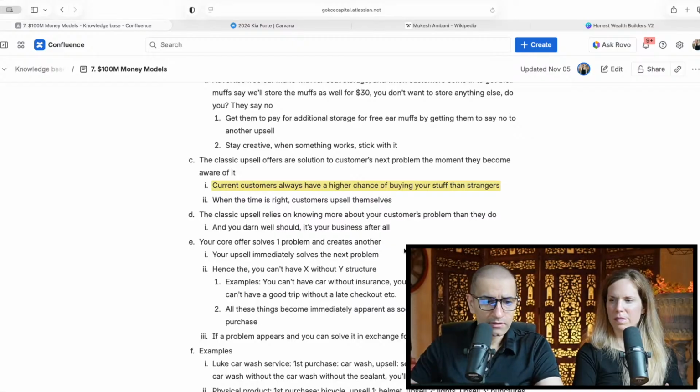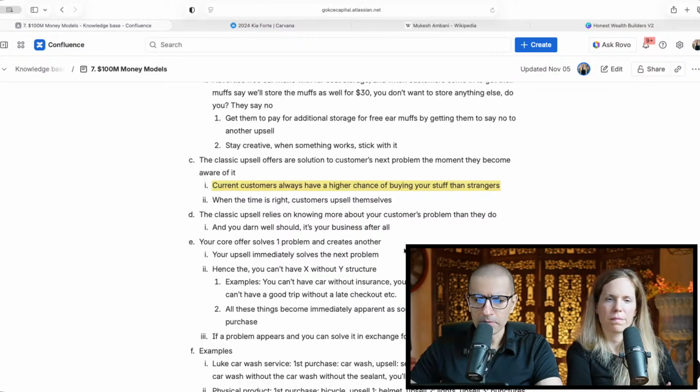Okay. Create problem solution chains to multiply LTV. Every land product creates its own next problem. Buyer pays hold. New problem: is this buildable? Buyer buys buildability packet. New problem: where are the utilities? Upsell, utility roadmap.